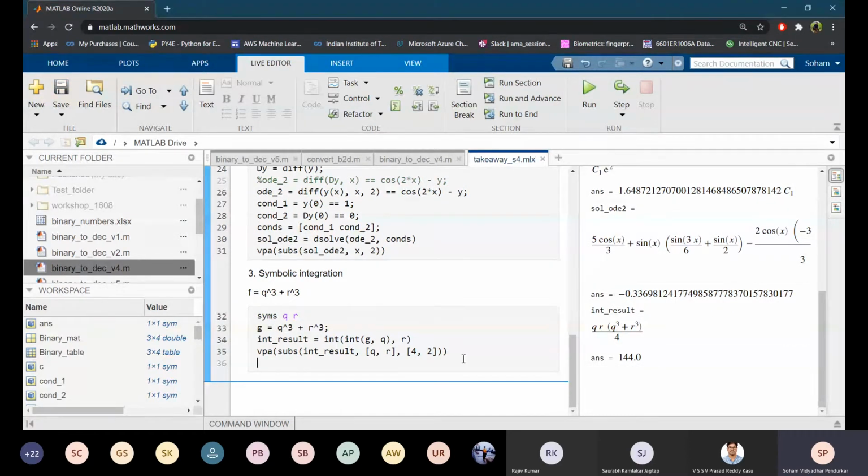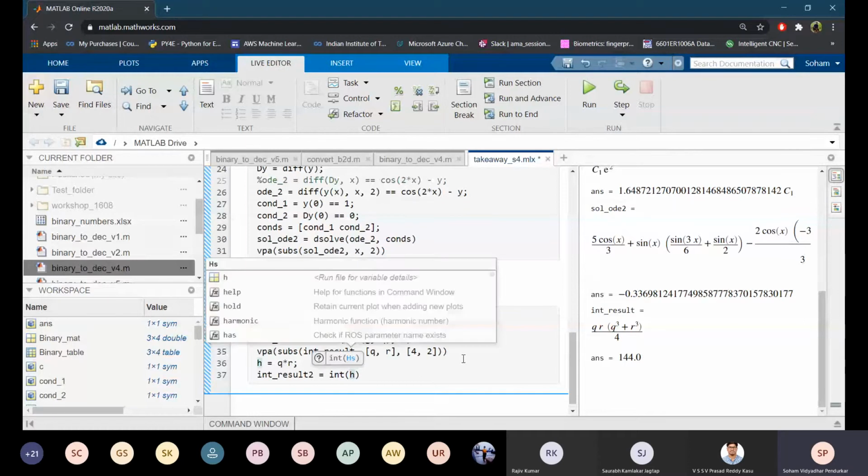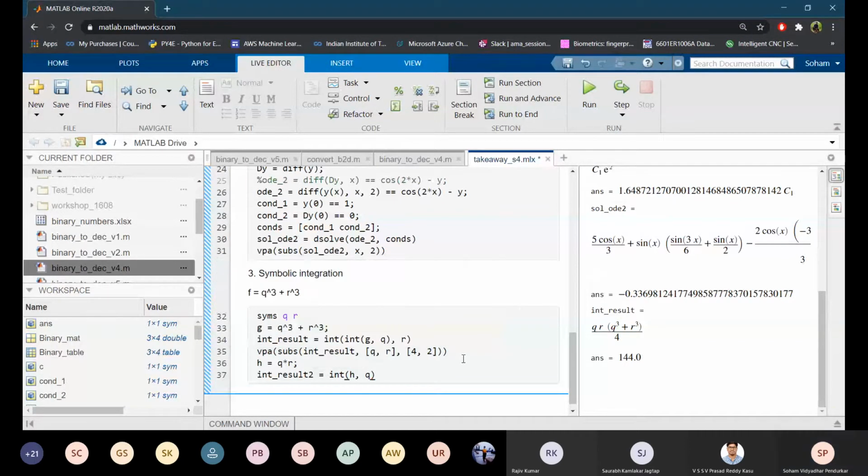Let's take one more example. Let's say h is equal to q times r. Result 2 is equal to the integration of h with respect to first q and then with respect to r.